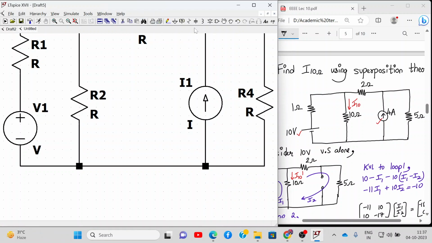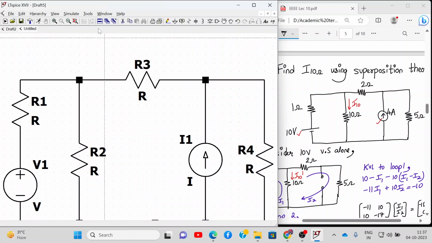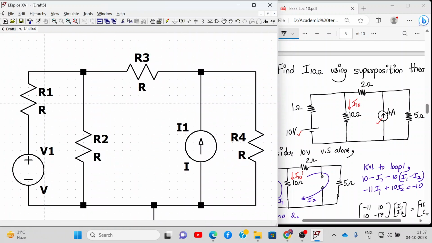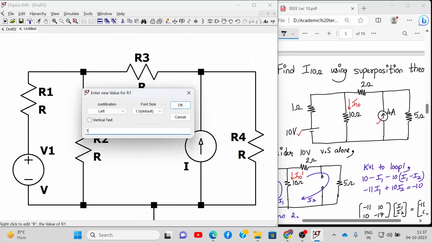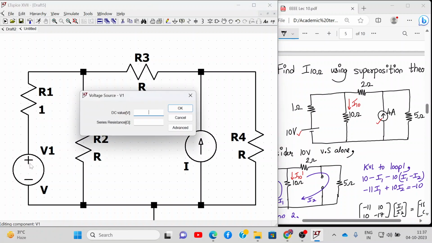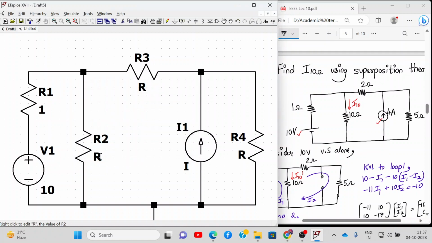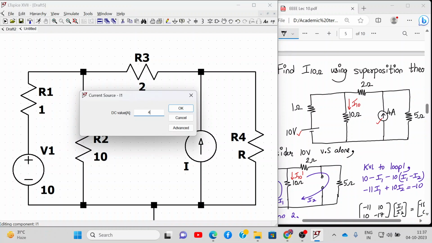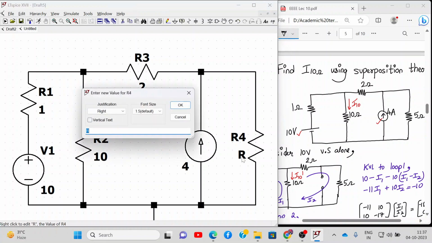Now I need to connect the ground, and I'll connect it with the wire. Now I'll write the values of the resistor and the voltage. So this is 1 ohm. This will be 10 volt. This is 10 ohm. This will be 2 ohm. I'm just cross checking my answer which I got. This will be 5 ohm.